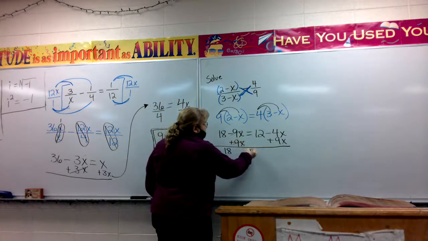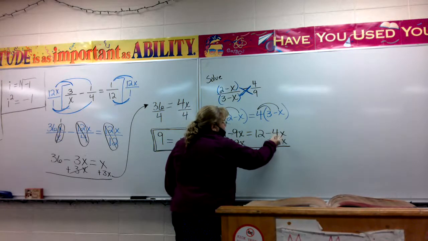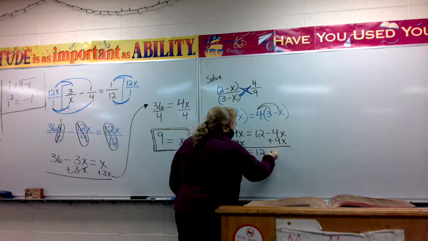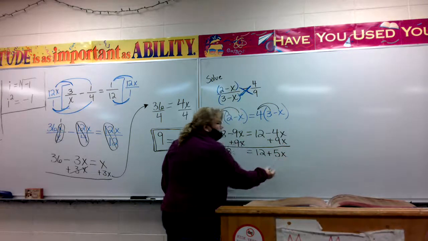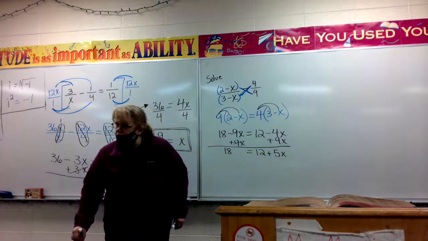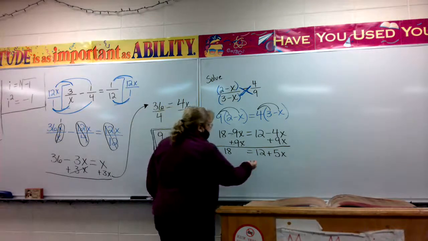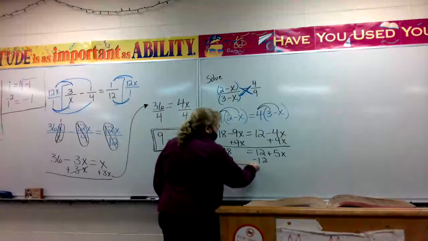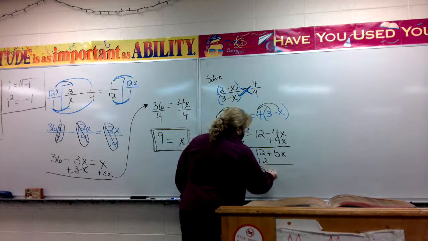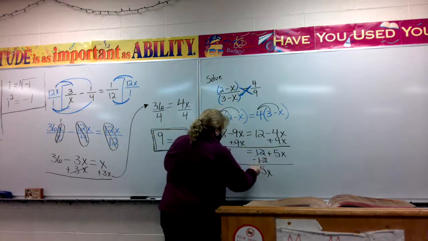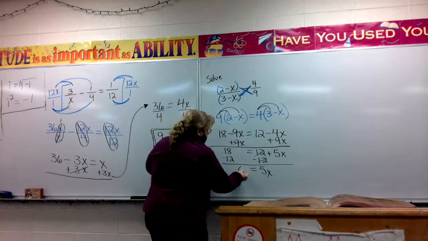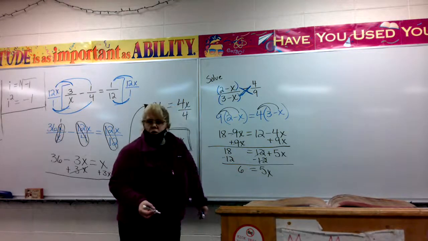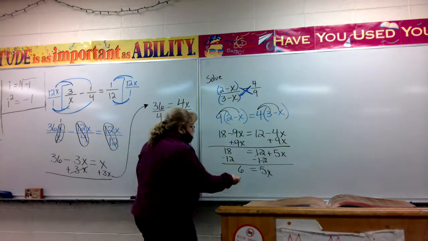That goes away. Is that 5x? Is it? And now what? Uh-oh. 5x. This goes away. Oh, no. We're not going to come out to a whole number.